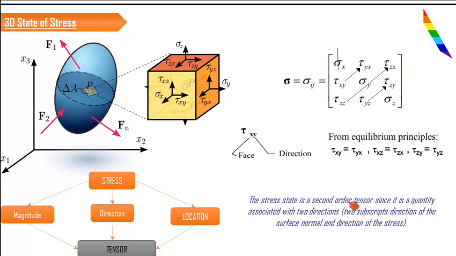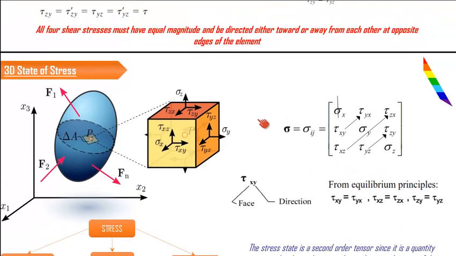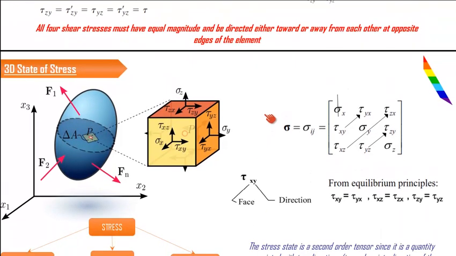So it's a second order tensor. So you have to understand the concept of state of stress, the way it is being represented, the property of the stress matrix, which is nothing but symmetric, the principle of complementary shear stress, all the equilibrium conditions, all these things should be considered when you analyze a three-dimensional state of system.